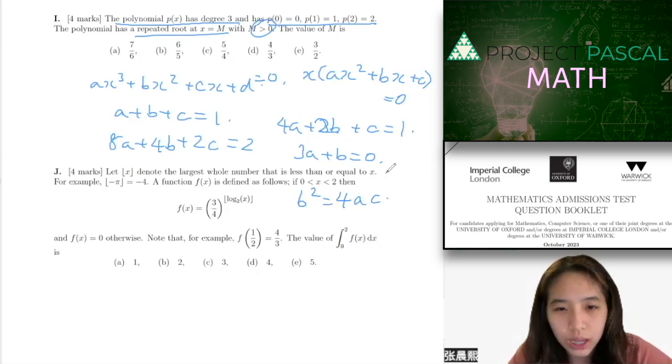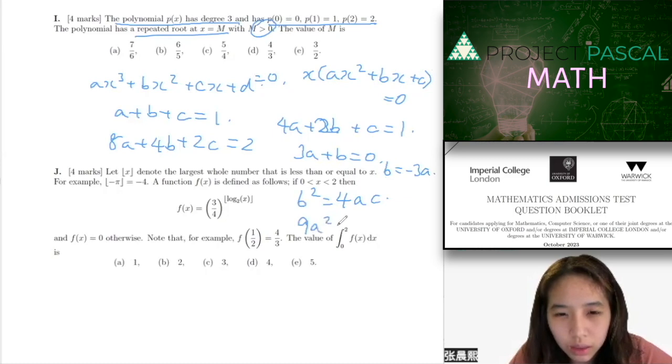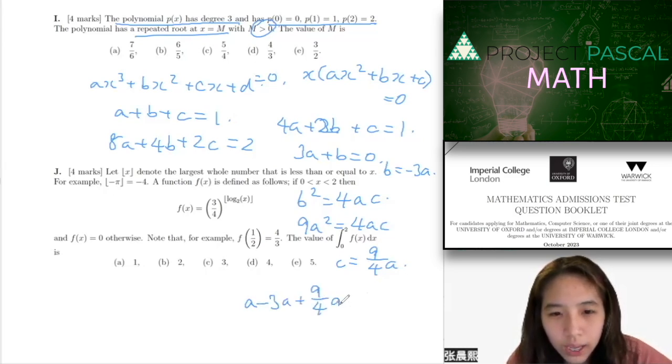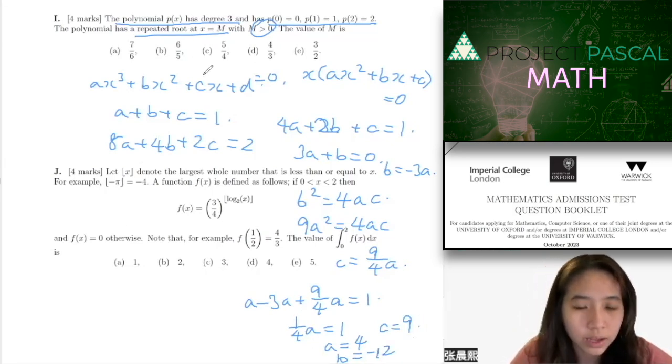So you let b equal negative 3a and 9a squared equals 4ac, so c is equal to 9 over 4 a. So you sub everything back, a minus 3 plus 9 over 4 times a equals 1, which gives you 1 over 4 a equals 1, so a equals 4, b equals negative 12, c equals 9, and for m the answer is 3 over 2.